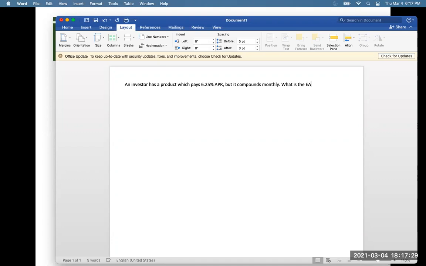What is the EAR? So first, figure out the monthly return. This is the holding period return.